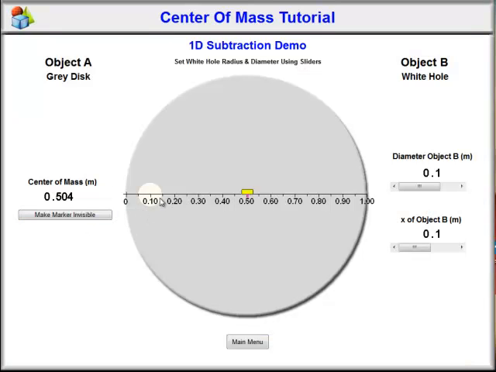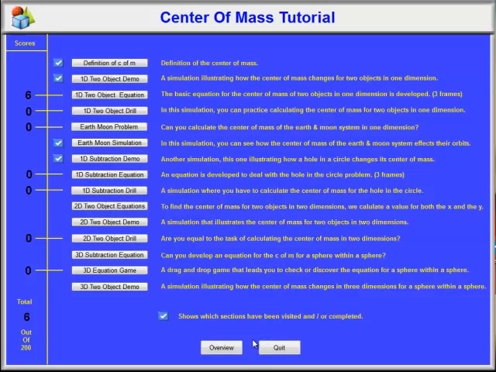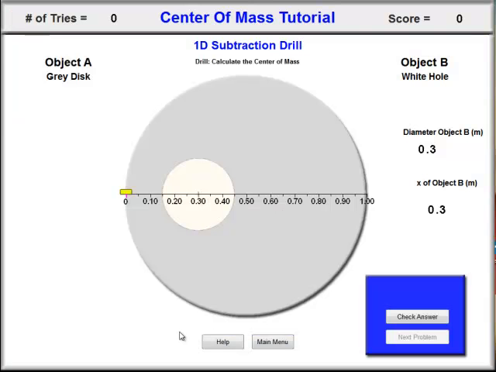It looks at what happens if you take a 2D object and you take a hole, you take a piece out of it. And again, you can fool around with some of the variables and see exactly where the center of mass ends up.